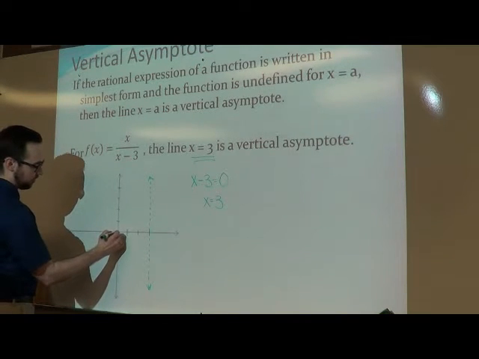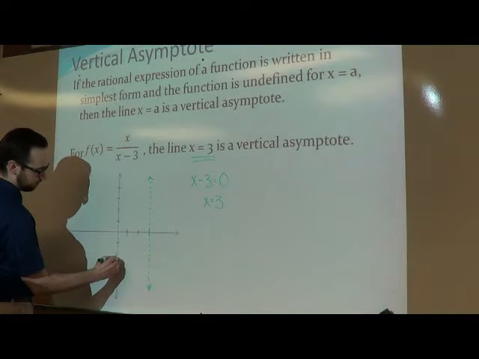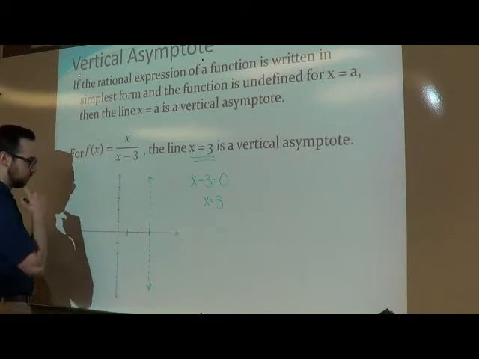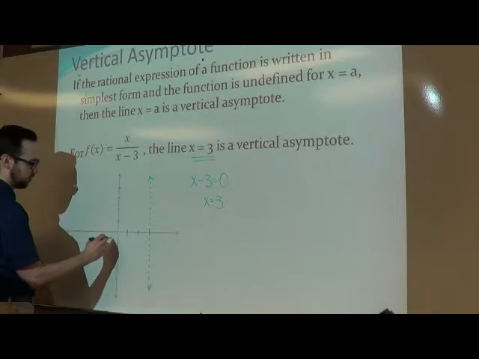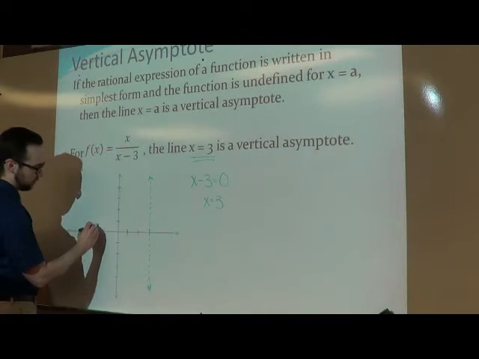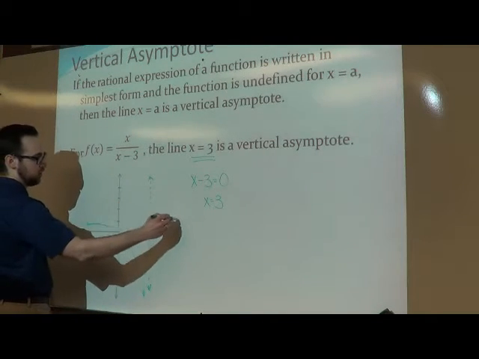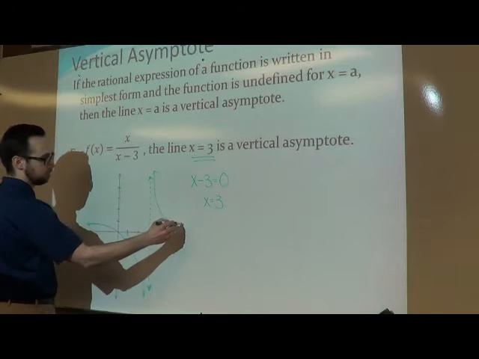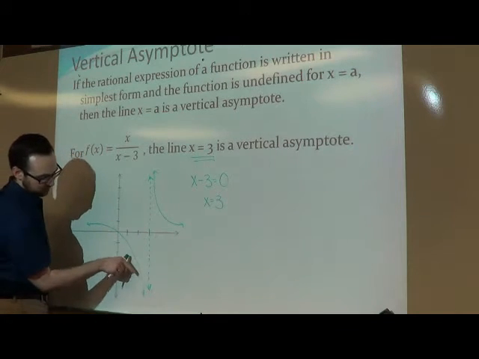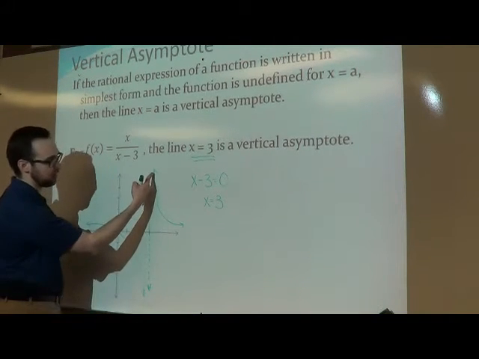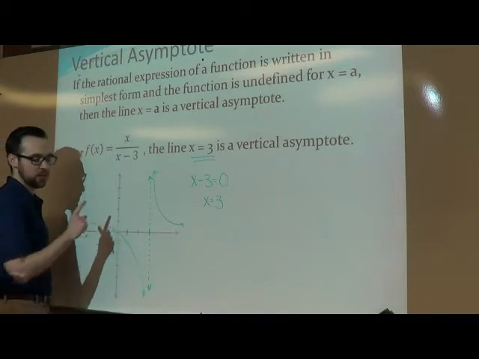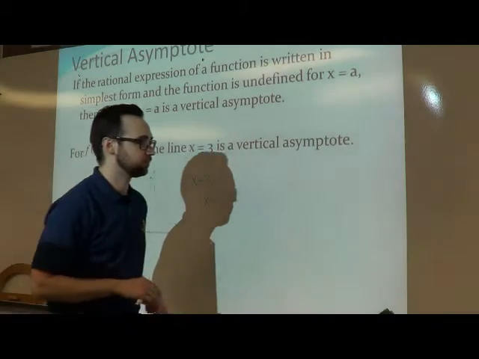So the graph may look like this, it's going to go down kind of like this, and then it'll go up this way. It controls it because the graph is going to approach the asymptote, it's going to get close to the asymptote, but it will never touch it and it will never cross it.